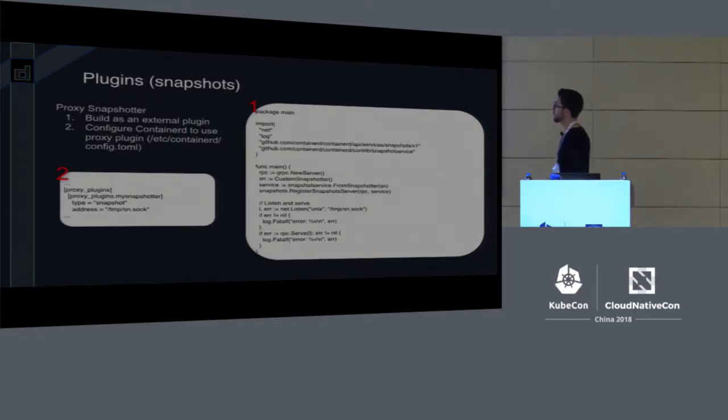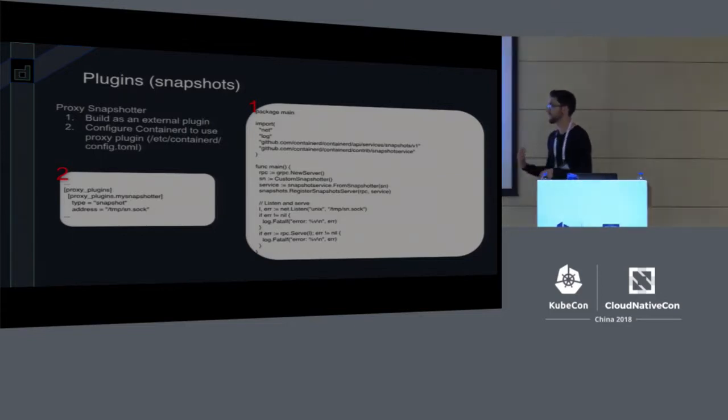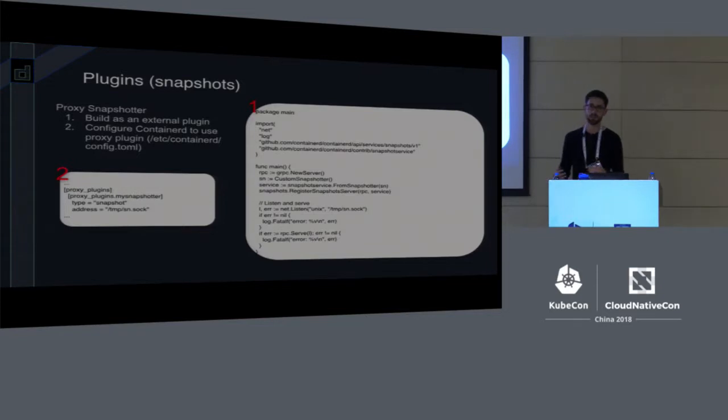So what a proxy snapshotter allows is you can configure a Unix socket to represent a snapshotter, and in that Unix socket serve a gRPC API of our snapshotter interface.